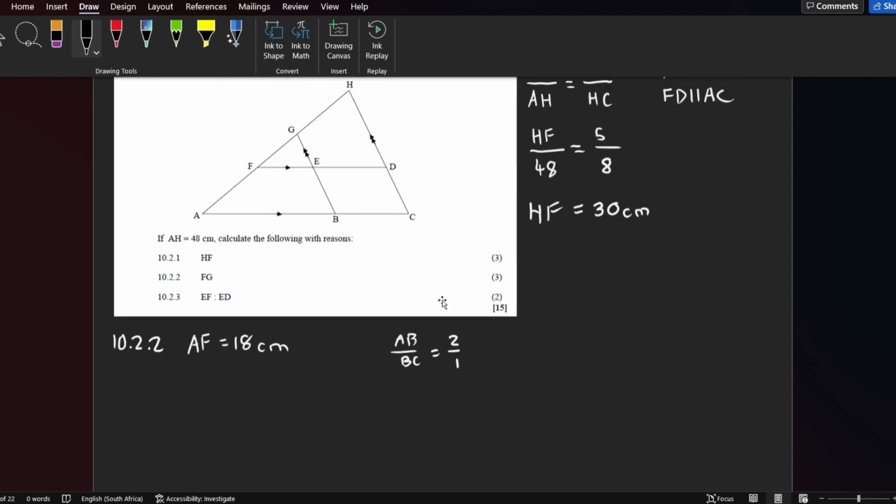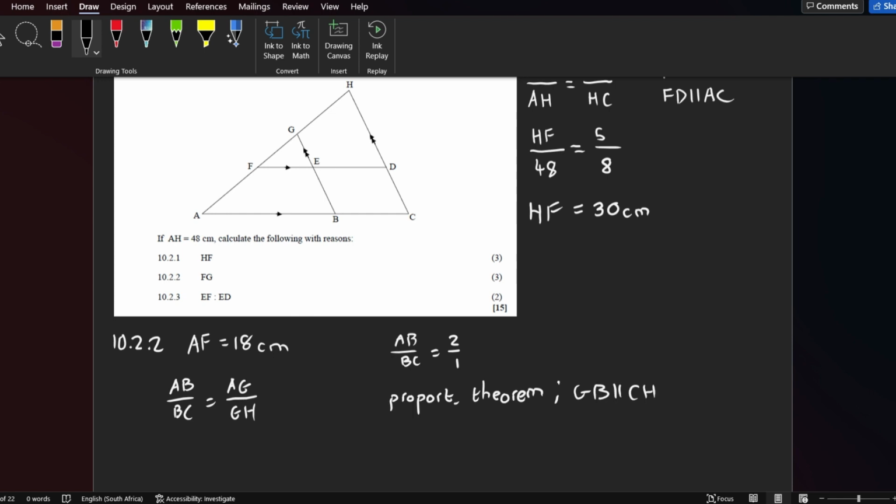And AB all over BC will correspond to AG all over GH, and the reason there will be, again, the proportionality theorem, and we have to state our parallel lines as usual, so that will be GB being parallel to CH.